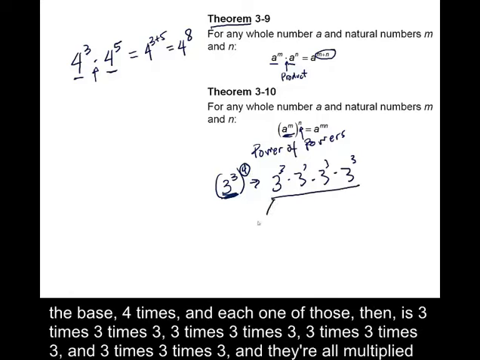And each one of those then is 3 times 3 times 3, and they're all multiplied together.